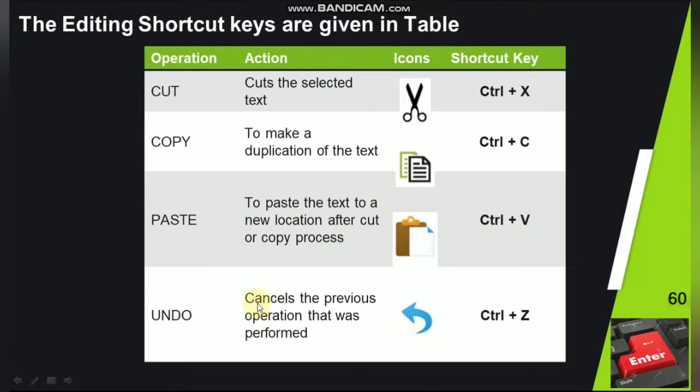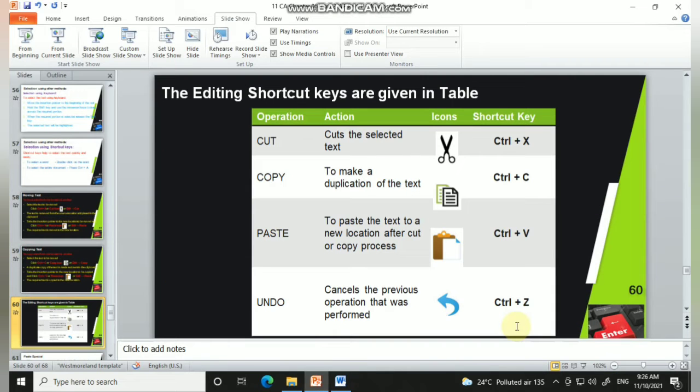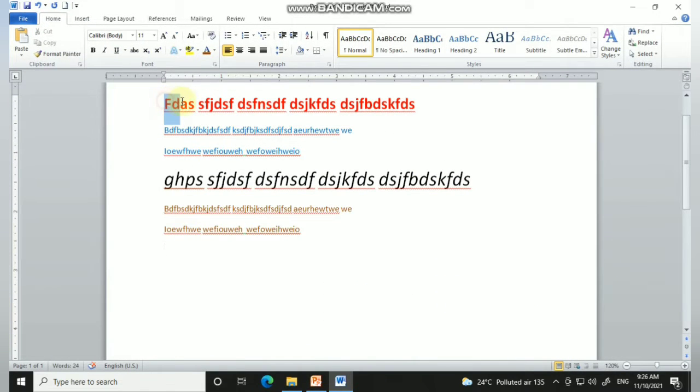Undo is nothing but it cancels the previous operation that was performed. So Ctrl plus Z. Suppose we make any mistake while we are copying the text or selecting the text, if you press Ctrl Z, it cancels the last operation we did. For example, here I am going to cut the text.